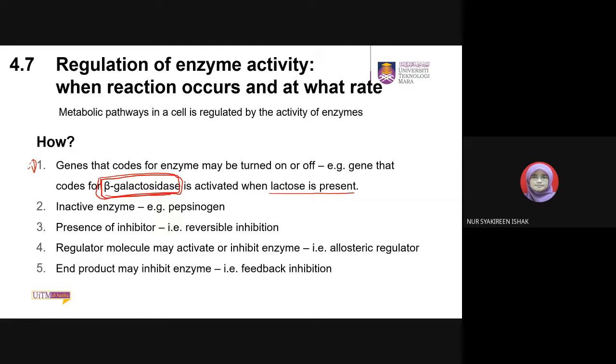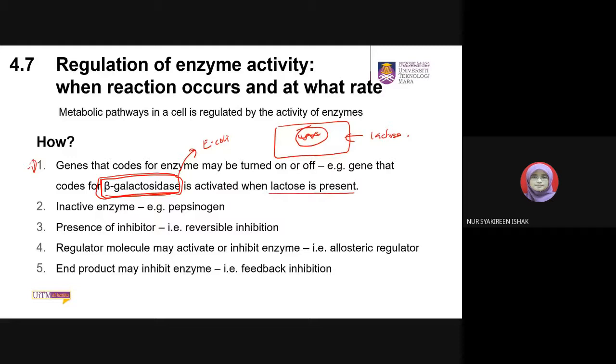Beta-galactosidase is an enzyme that is found, for example, in the bacterium E. coli. So you have the E. coli bacteria, and you grow the bacteria in a medium containing lactose. This bacterium has its DNA molecule.